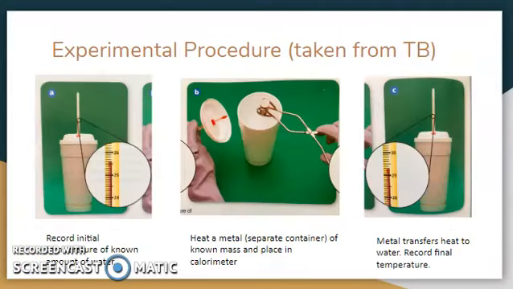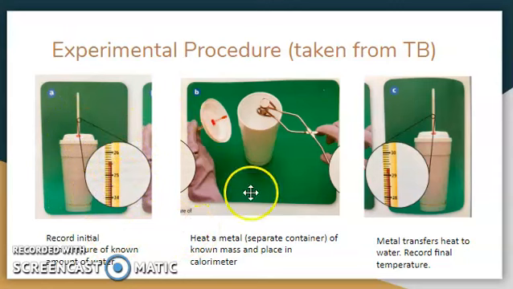Here is a more visual experimental procedure, which is taken from the chemistry textbook. First, here we have a foam cup calorimeter. As you can see, there is a thermometer sticking out of it. The first thing we do is record the initial temperature of the known amount of water, which is already in the calorimeter.